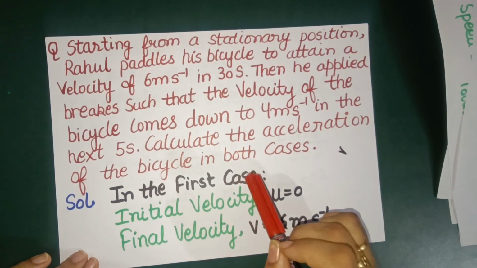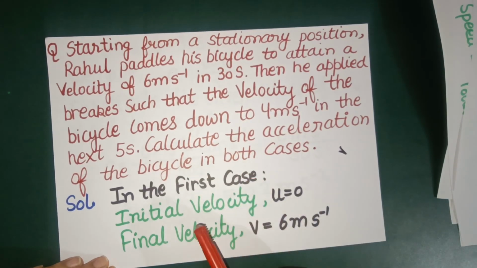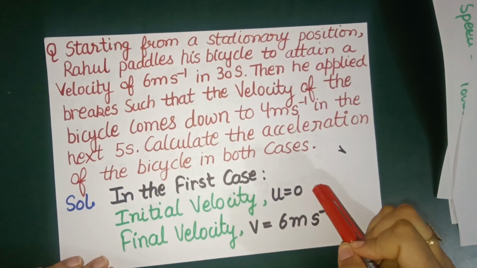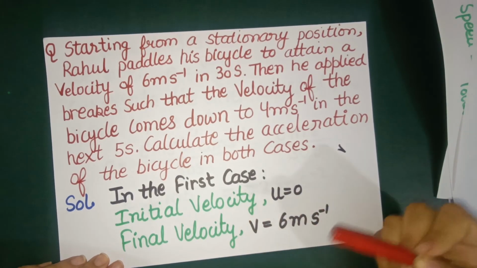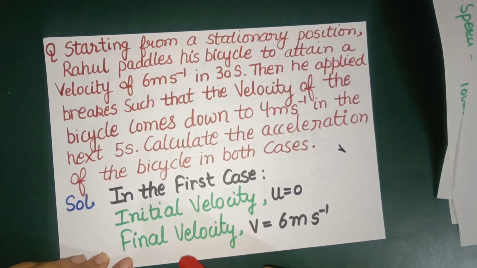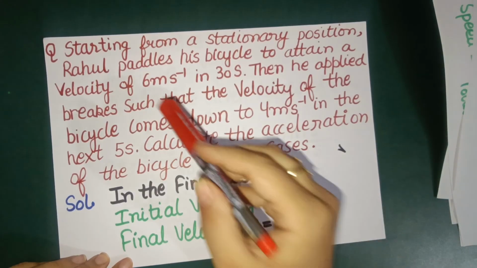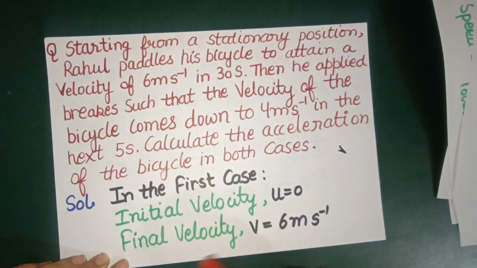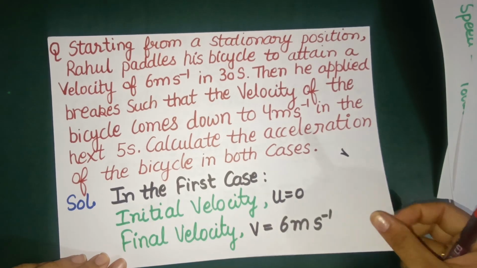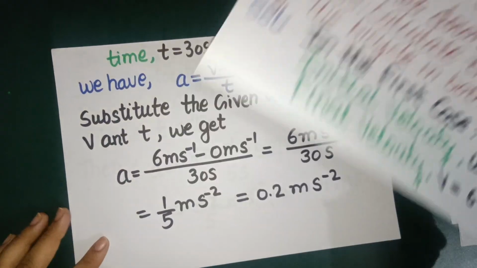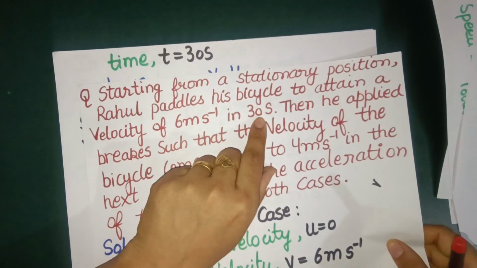So let's take the first case. First case क्या कहते हैं? Initially उसने start किया. Initial जब velocity होगी वो तो 0 होगी क्योंकि बिल्कुल पहले तो रेस्ट पे ही था. अब वो स्टार्ट करेगा. उसने बोला वो किस velocity के ऊपर लेके गया? 6 मीटर पर सेकेंड. So the final velocity is 6 meter per second and the time given is 30 seconds.